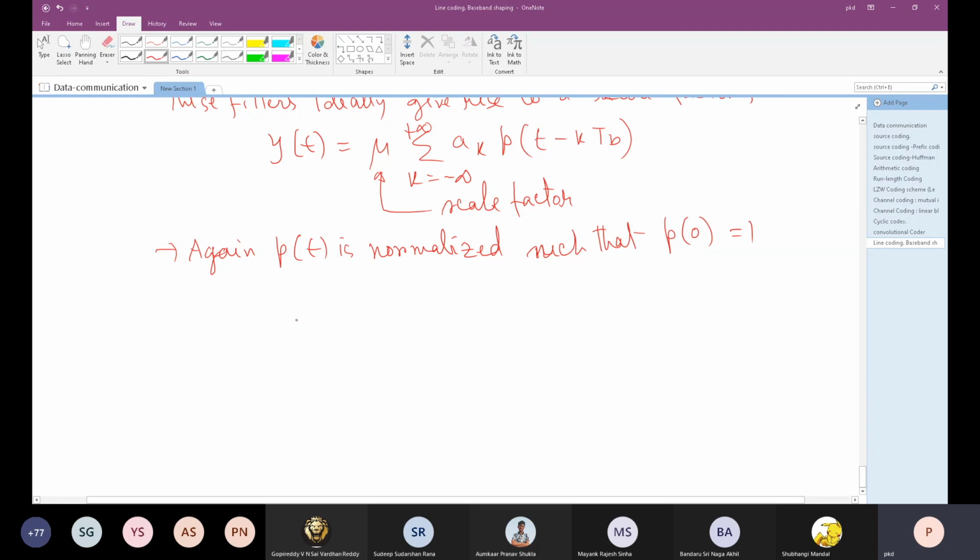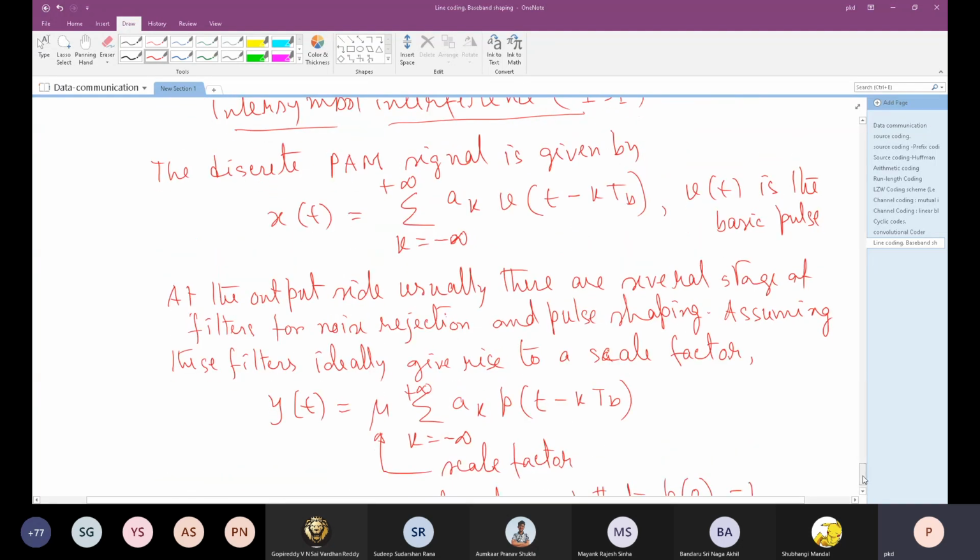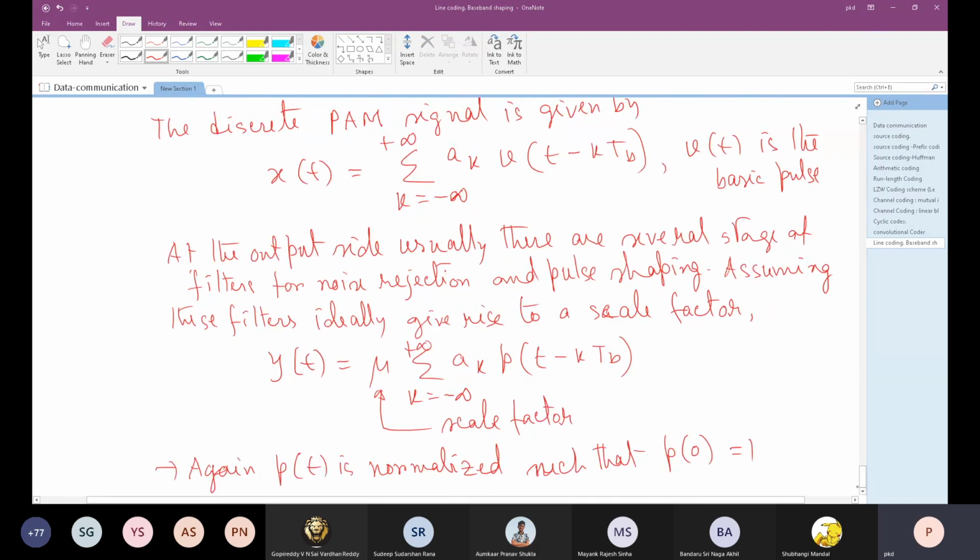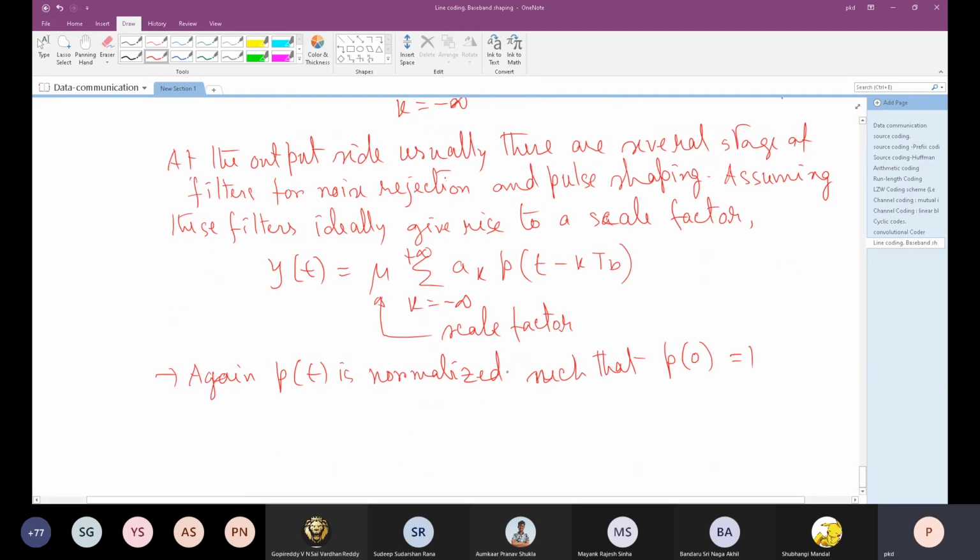So to get the symbols at every T_b, we have to sample it at every T_b. Why have we defined a continuous signal x(t) and y(t)? Because it is assumed that we cannot generate a pulse waveform which is time limited. And if we want to generate a pulse waveform that is time limited, then in the frequency domain it becomes infinite, because time and frequency are two complementary domains. So therefore we will take an intermediate way.